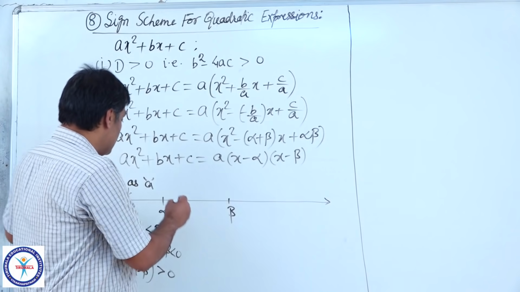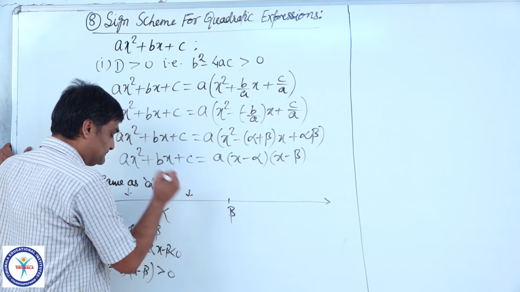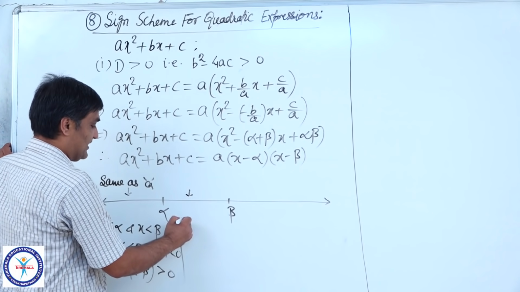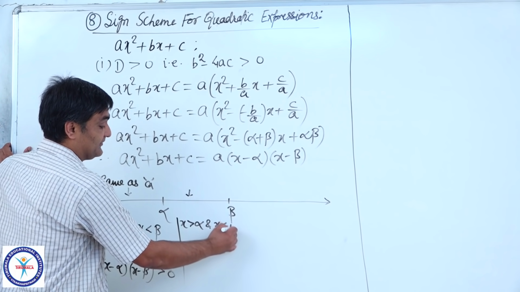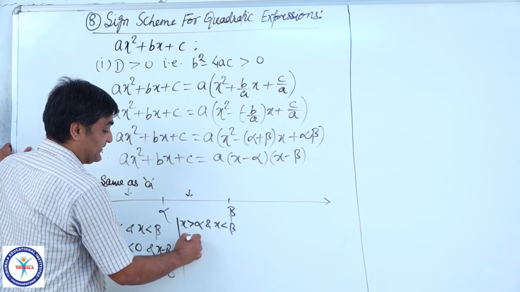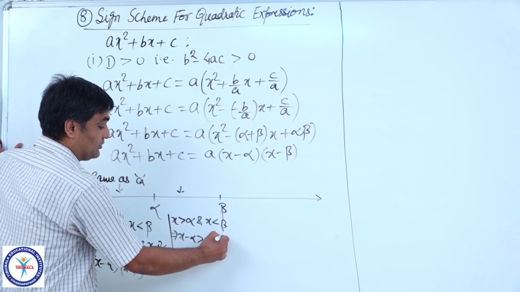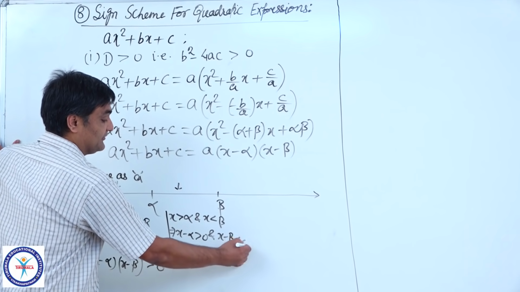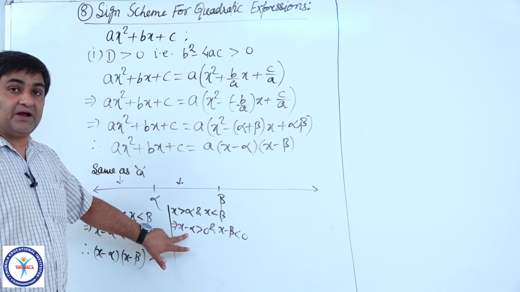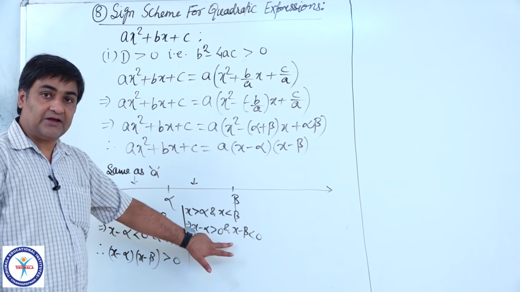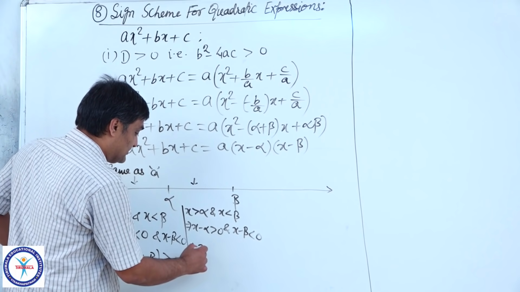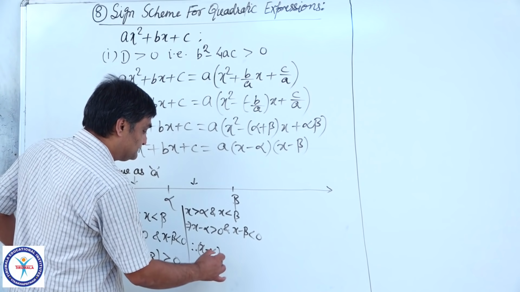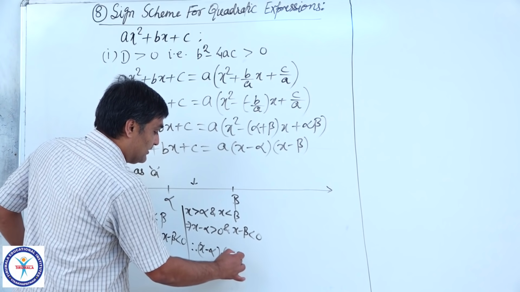Now, if x is here, then in this case, x greater than alpha and x less than beta means x minus alpha greater than 0 and x minus beta less than 0. X minus alpha is positive, x minus beta is negative. Therefore, their product will be negative.